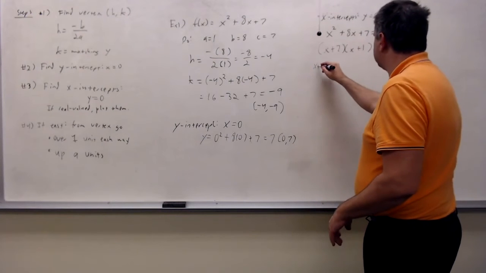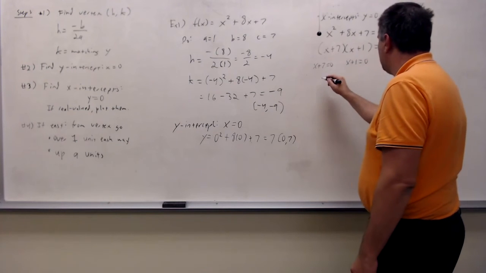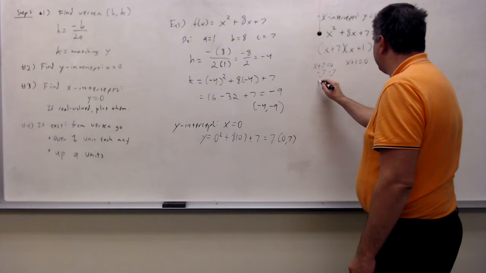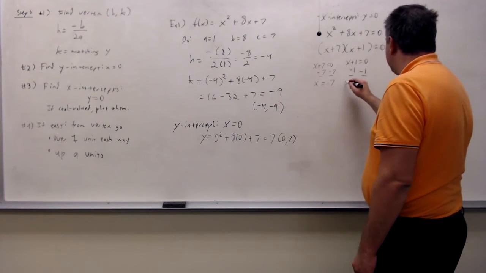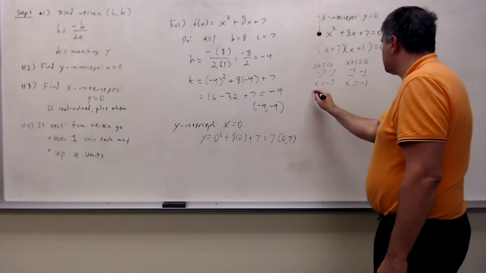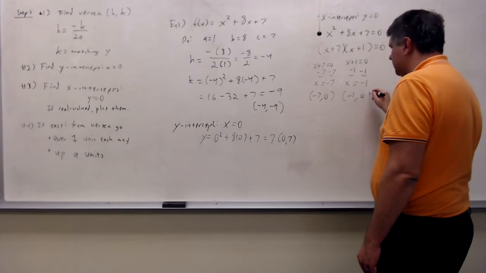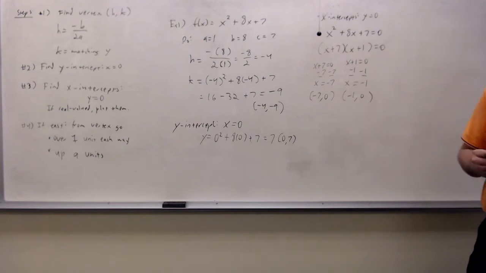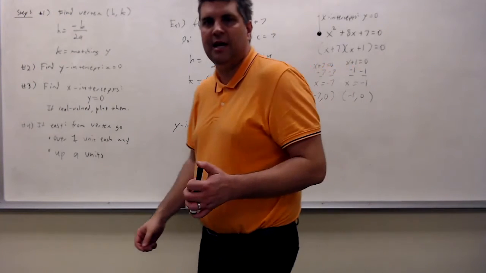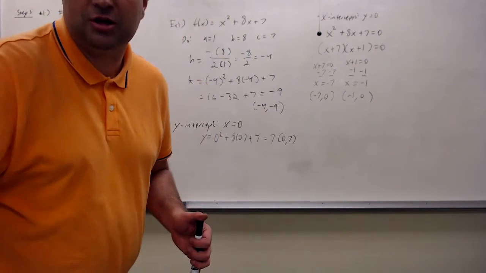So x plus 7 is 0, x plus 1 is 0. Subtract 7, x equals negative 7. Subtract 1, x equals negative 1. So we have negative 7, 0, and negative 1, 0. Those are my important points. So at this point, I'm going to pause this, create a grid, and plot the sketch.